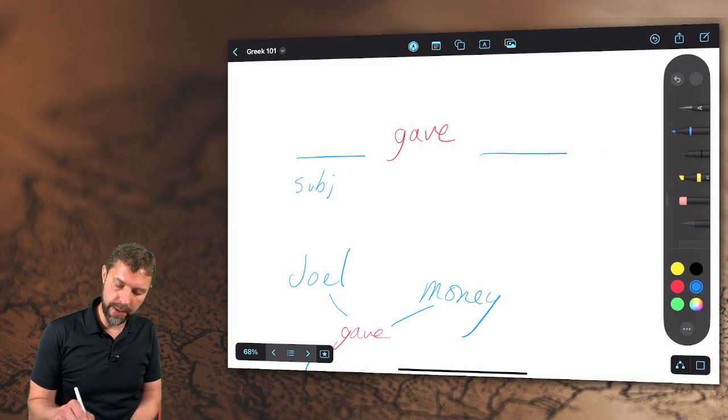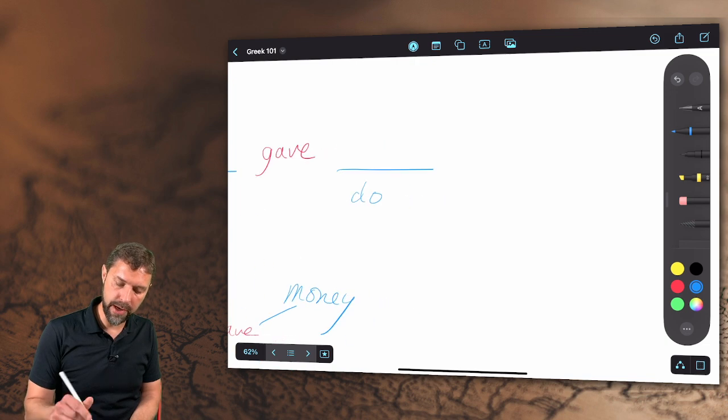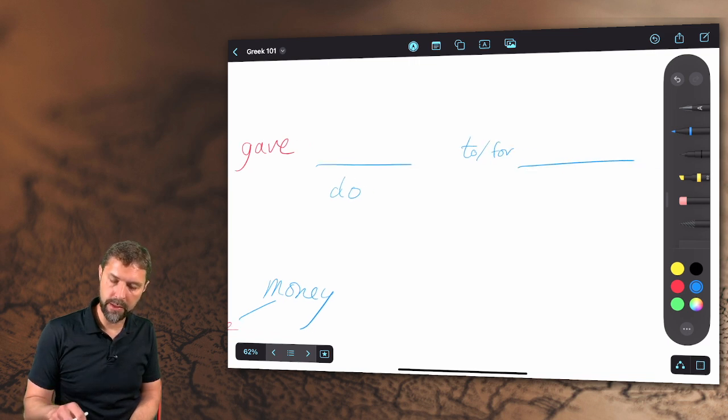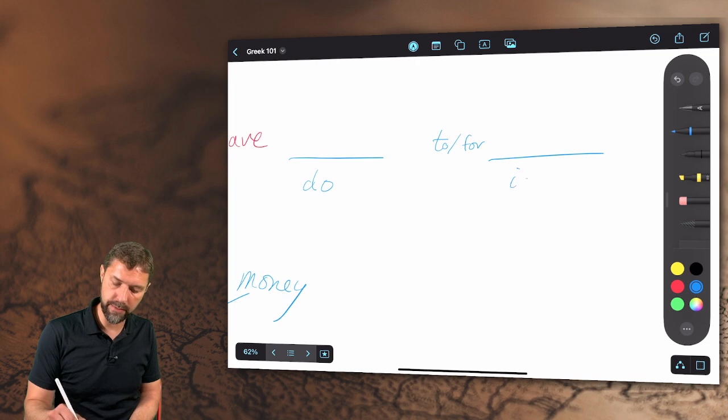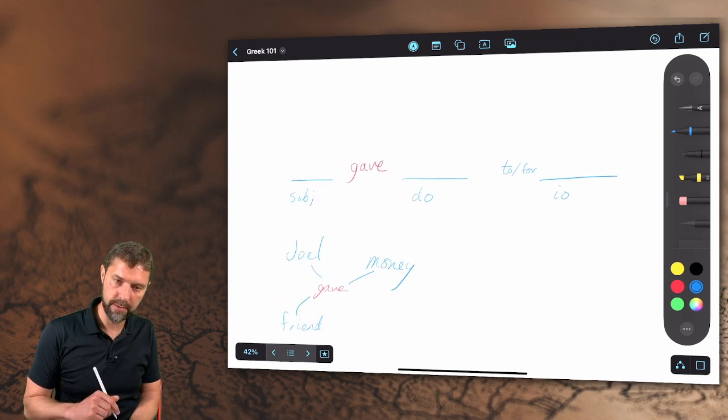And I'll follow that by, roughly speaking, a direct object spot. And generally, my indirect object will be indicated by to or for, sometimes another preposition. But it'll be connected to a preposition, and that'll be my indirect object spot. And at that point, put what you want into those slots, and that's what they'll mean.